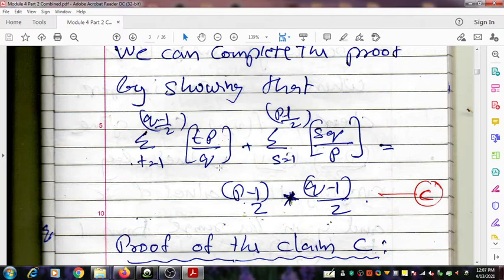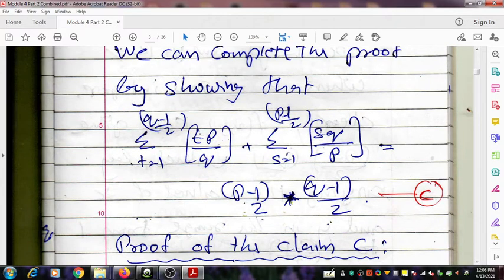Actually, it is not equal; that correction should be made. You can show that this is congruent to p minus 1 by 2 into q minus 1 by 2 mod 2. Exactly, we cannot show that this quantity is equal to this quantity.